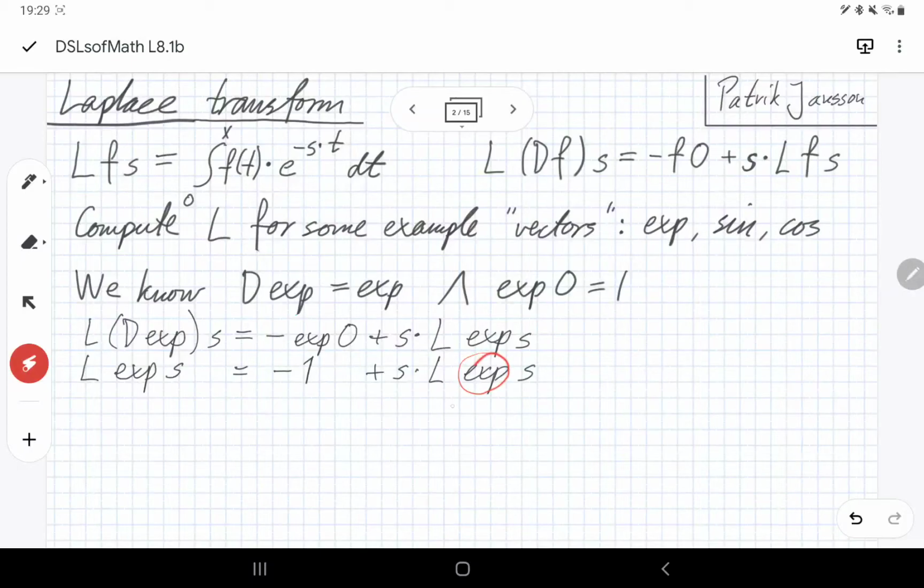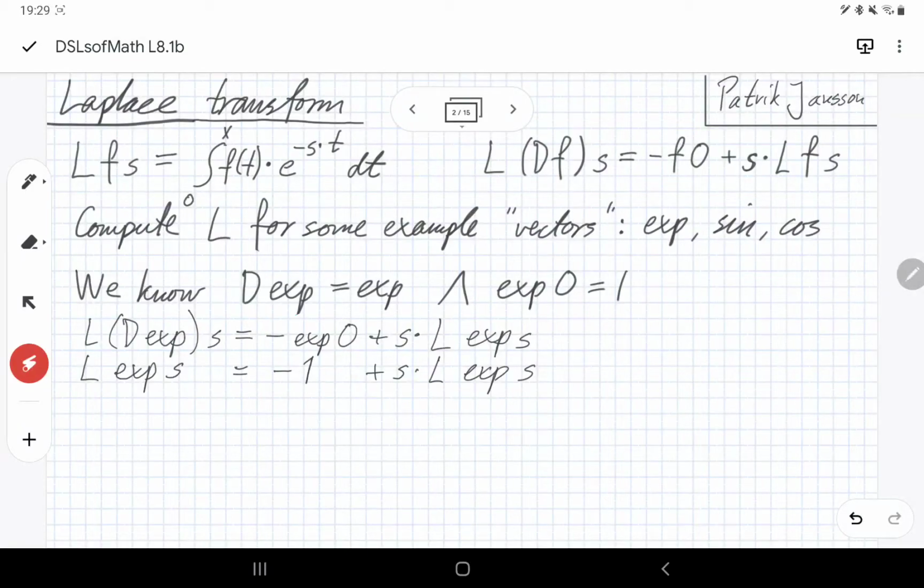The exp function is not applied to s. The L is applied to exp, and internally it uses s as a subscript to this g function, which is actually an exponential. So here is where s is used. So the s argument goes all the way into the Laplace definition and up in the exponent inside the integral.